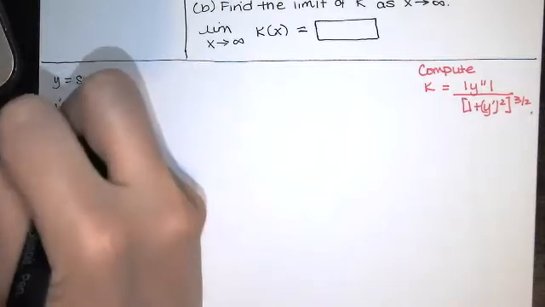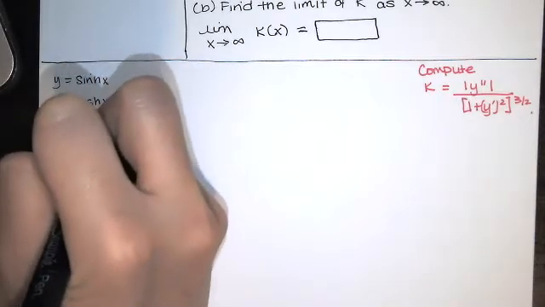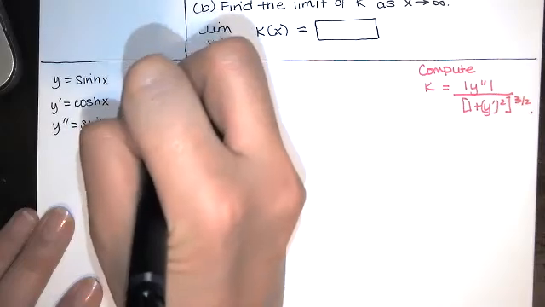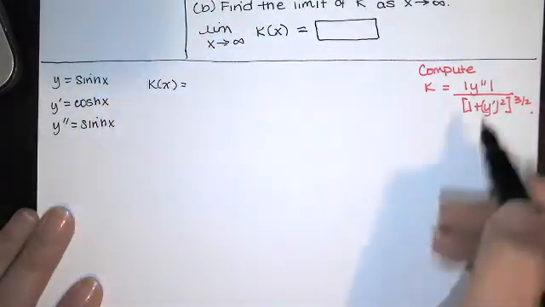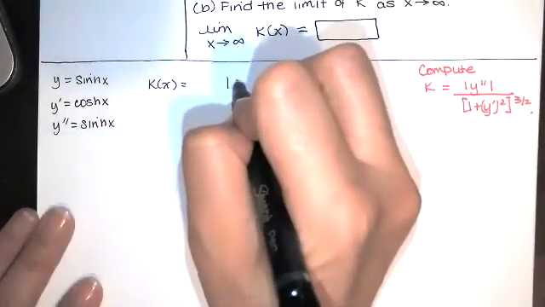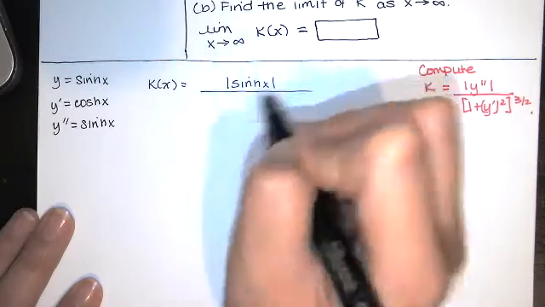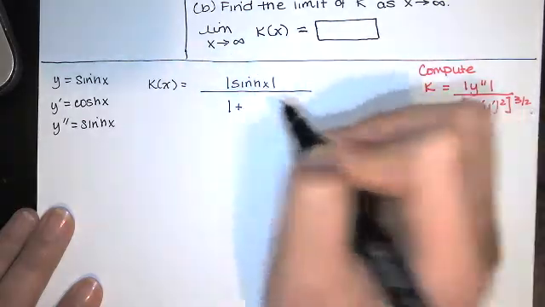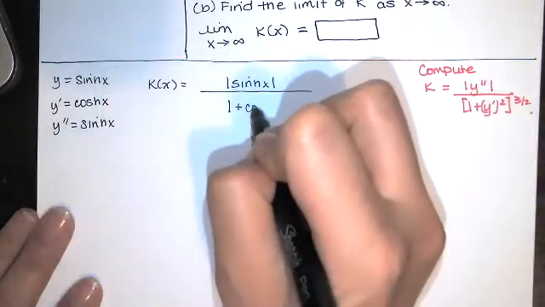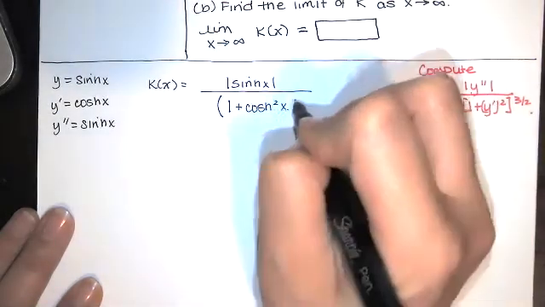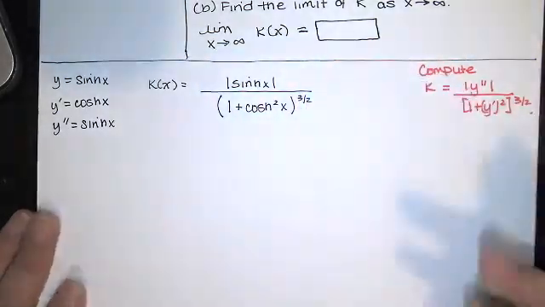The second derivative of hyperbolic sine is hyperbolic sine of x. And then the curvature function is the absolute value of the second derivative divided by 1 plus the first derivative, which is hyperbolic cosine, squared, all raised to the 3/2 power.